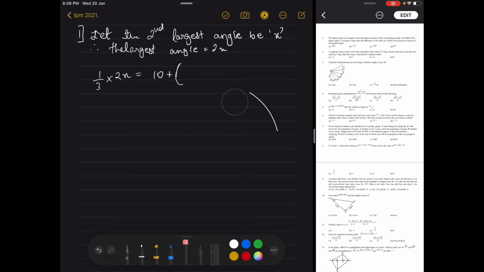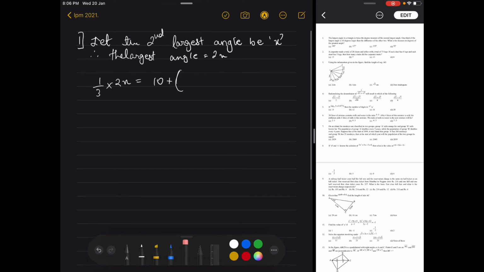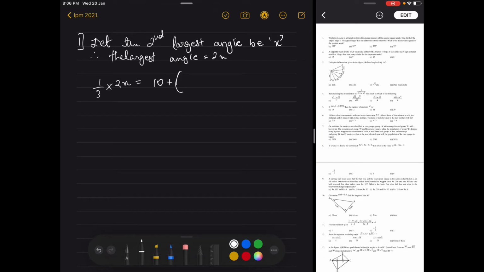Yeah, so the third angle would be 180 minus 3x, and they are saying larger than the difference of the other two. Now what they mean by difference is that x minus (180 minus 3x) plus 10 would be equal to 1/3 of 2x.